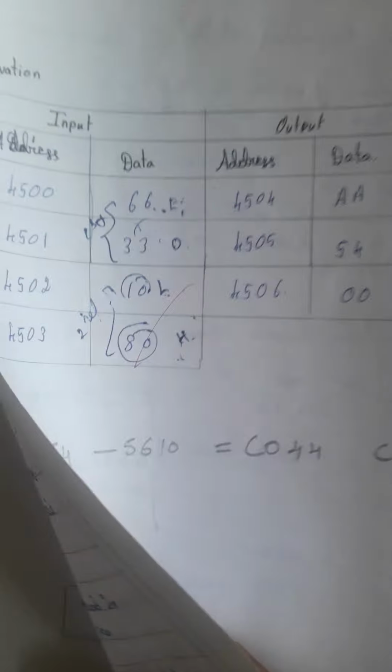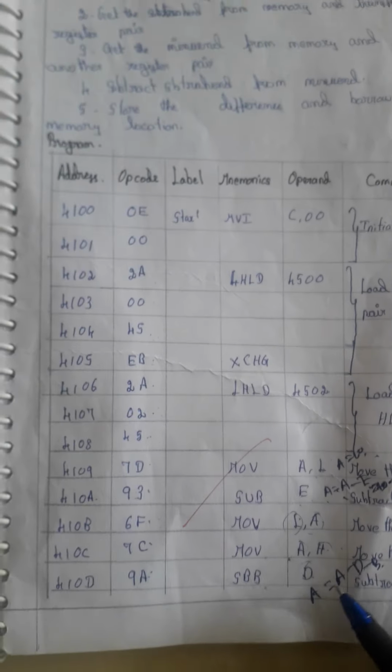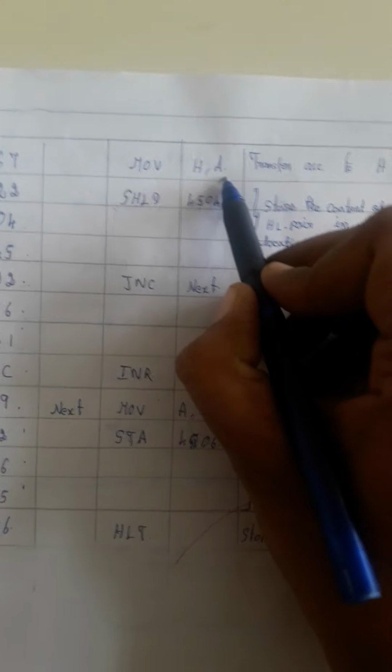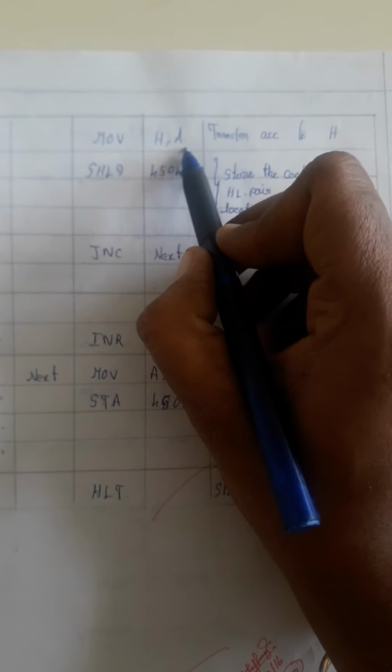A contains the H data, that is 80, and D contains 33. So 33 and the borrow will be subtracted and the result will be stored in the accumulator, and that higher order 8-bit subtracted result will be moved to the H register.